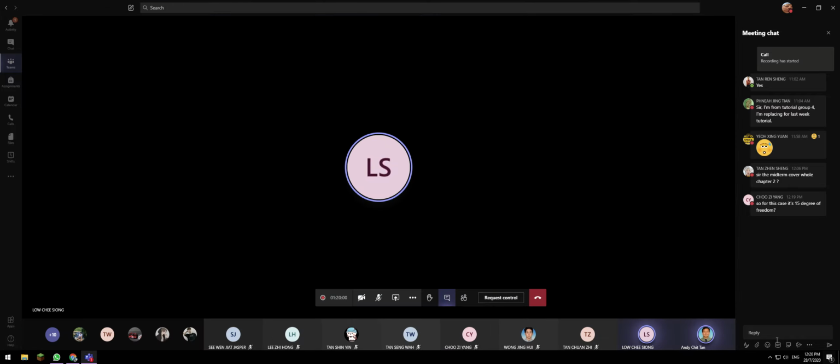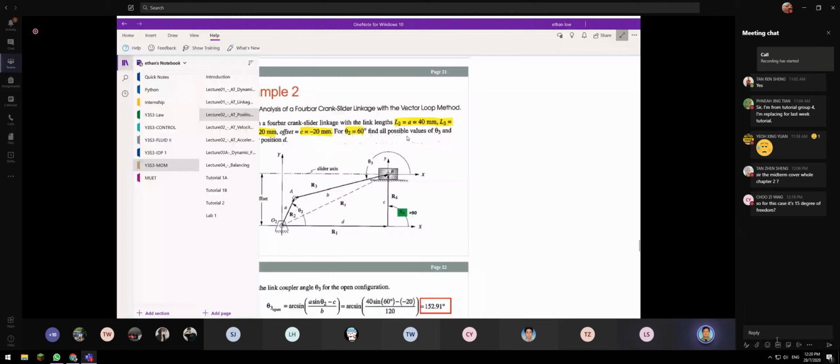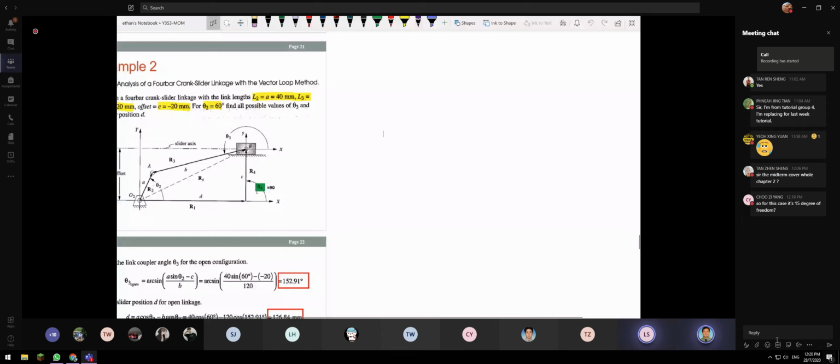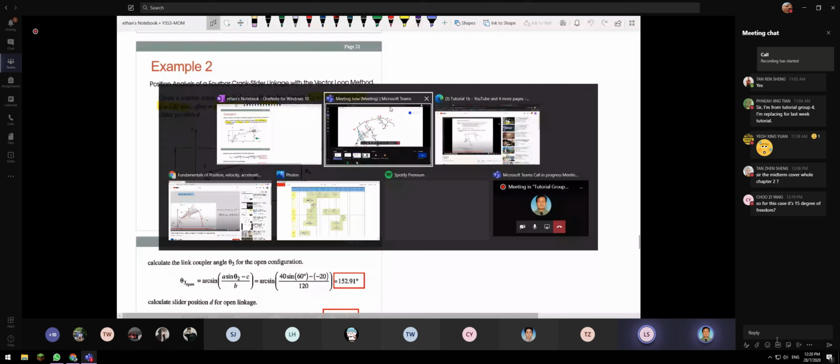For 4-bar crank slider, is the angle theta 4 always equal to 90? Have you started your presentation? I share my screen already. Okay, I see your screen. For the angle theta 4, is it always equal to 90 degrees?